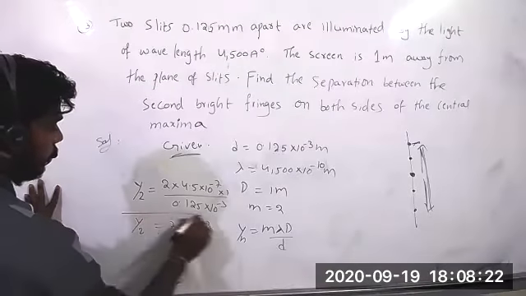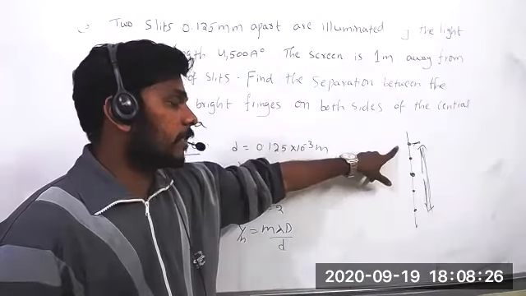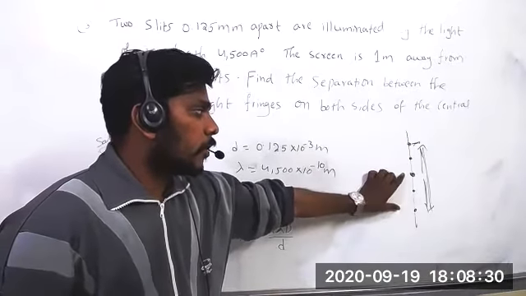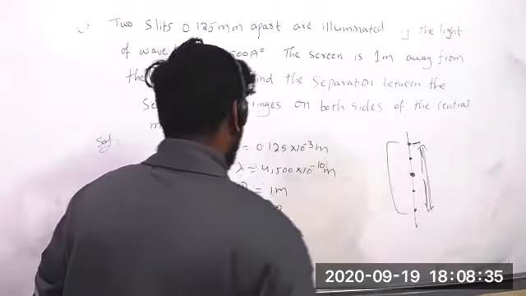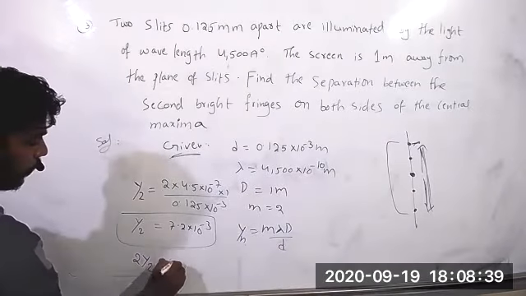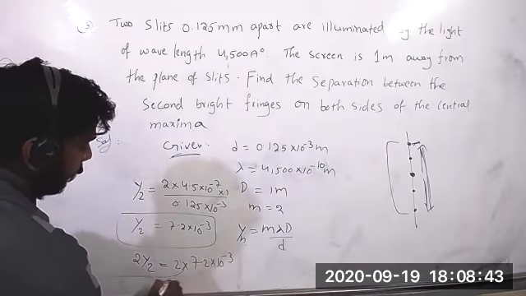That is the distance between the central and the second bright fringe. Now both sides, the same distance will be there. So the distance between these two second bright fringes will be 2y2, so 2 into 7.2 into 10 to the power of minus 3.